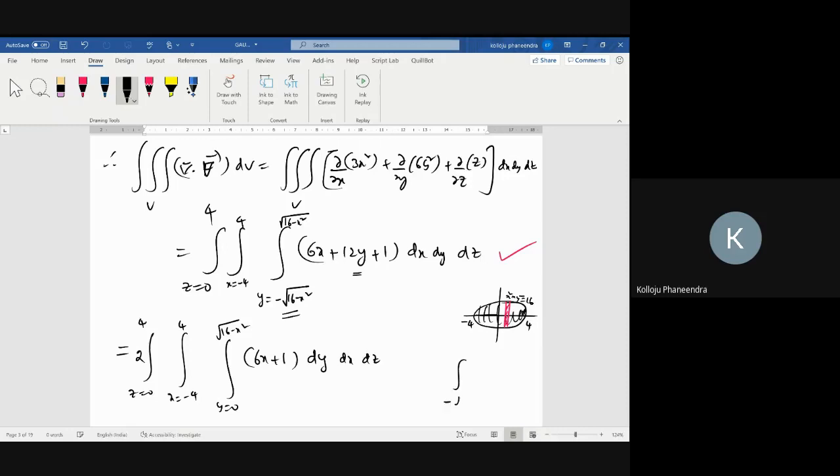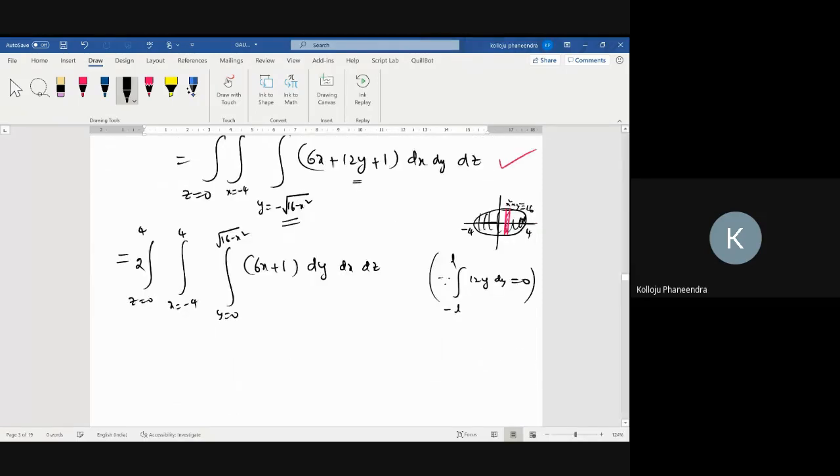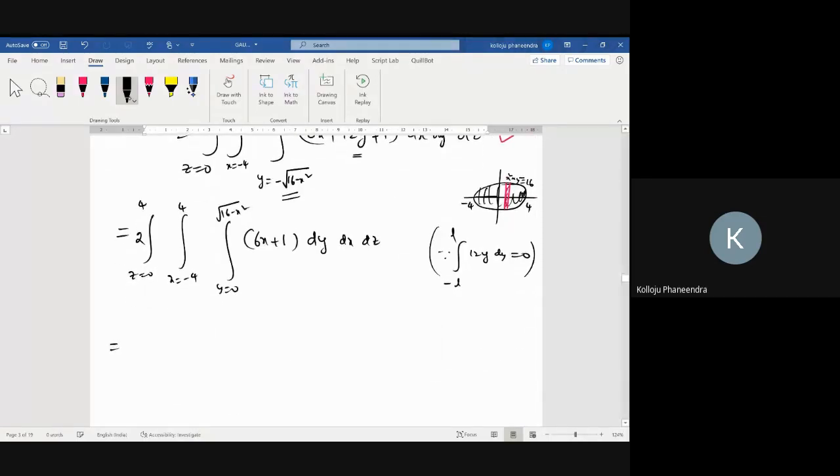In brackets, minus L to L. What is this? 2ly dy equals 0. Odd function. This is an odd function. So the remaining part of the integration is multiplied by 2. z from 0 to 4, x from minus 4 to 4. And what is this? 6x plus 1 into y between 0 to root of 16 minus x square, dx dz.